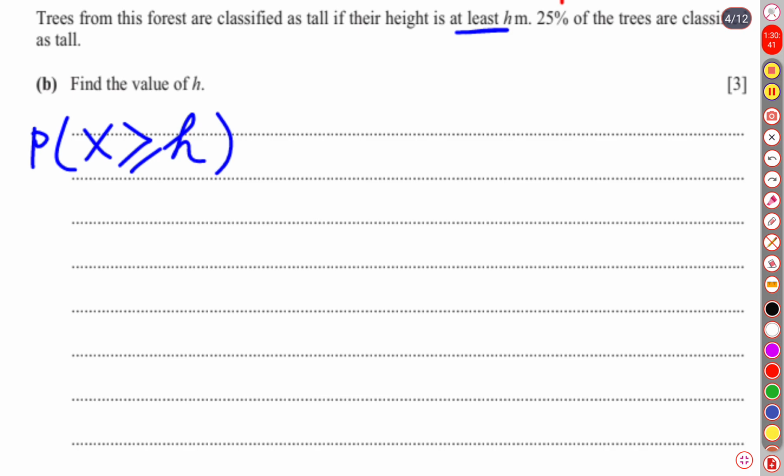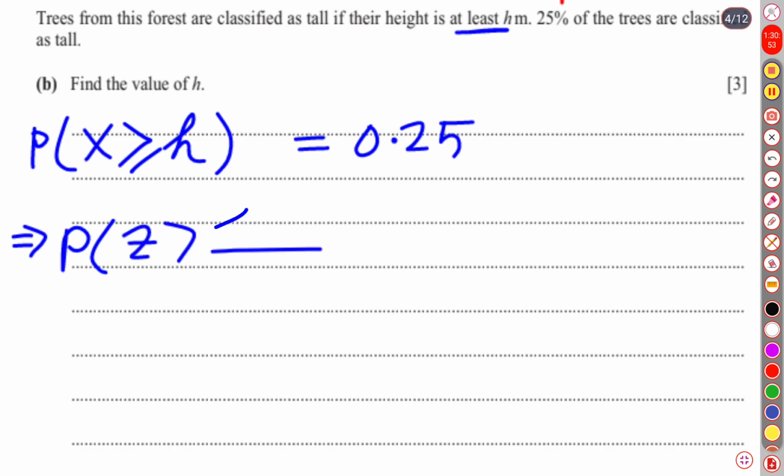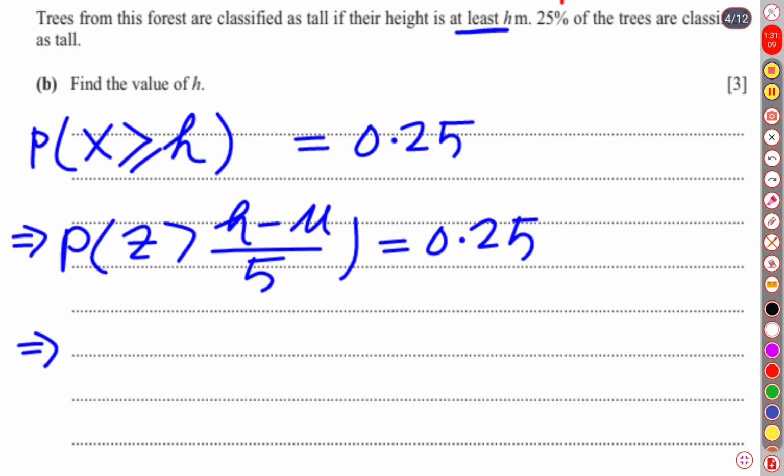It is equal to 25%. So the probability is given, it is 0.25, or if we standardize it, z is greater than h minus mu over the standard deviation. The standard deviation is already given as 5, equal to 0.25. Then we will determine the sign of the z-score.